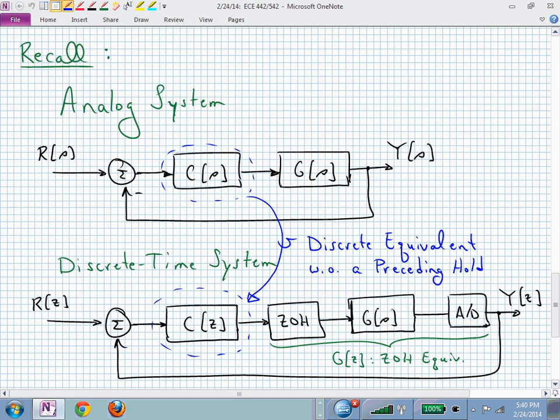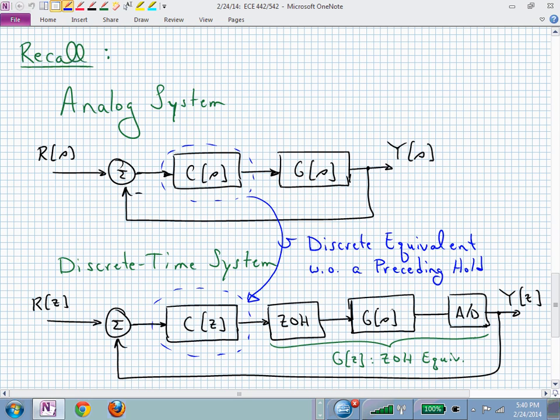Or maybe it's not even in a control system, maybe it's just a filter. Maybe this C of S is a Butterworth filter, low pass, 12th order. We want to figure out how we get a C of Z from that. And this is not preceded by a zero order hold, is it? We want to directly map a transfer function, C of S, and find its discrete equivalent, C of Z.